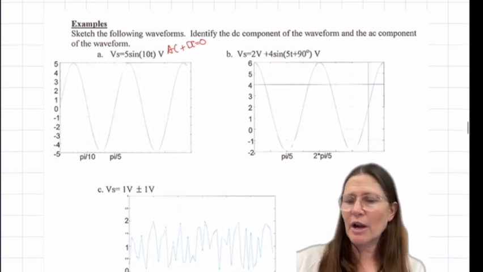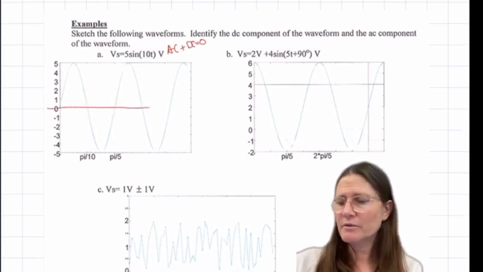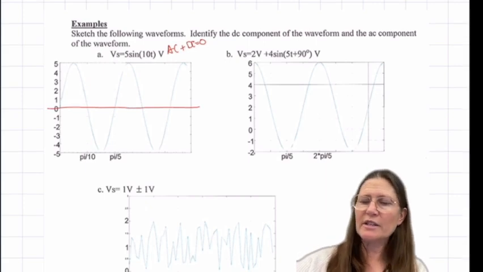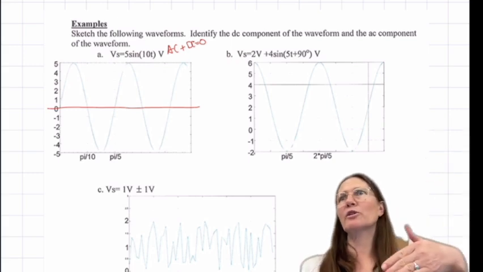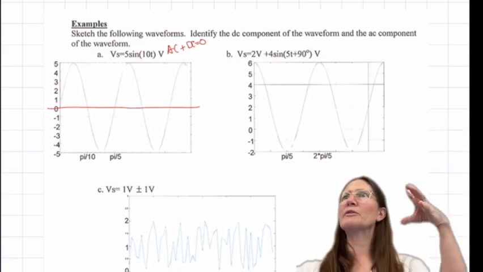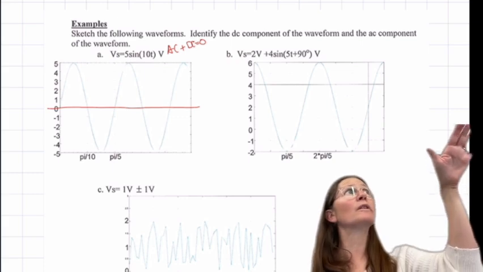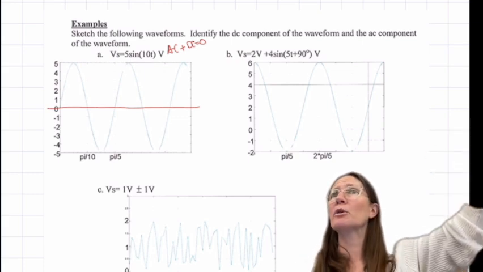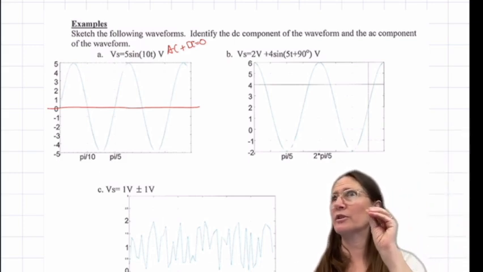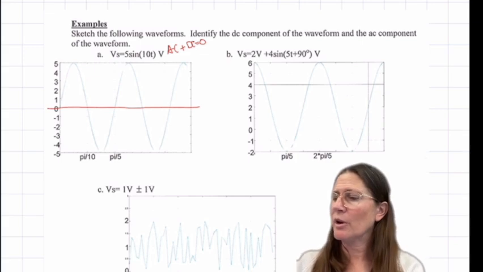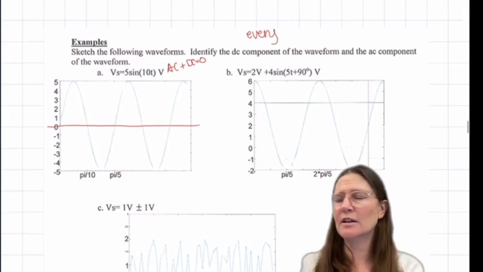It's centered around 0 volts, which is easy to see because it goes above 0 the same amount as it goes below 0. So this would be said that there's no DC component of this. It only has an AC component. So every signal can have both types of signal to them. So every signal has a DC and an AC.